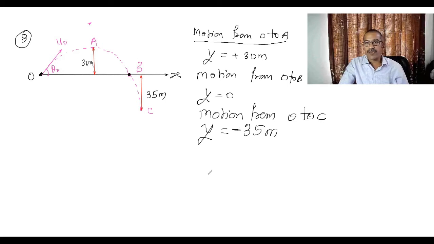Clear? That means if the final position is above the initial position, y is positive. If the final position lies on the same horizontal line as the point of projection, then y is 0. And if the final position is below the initial position, then y is negative. Good. This is very important. Now next point.